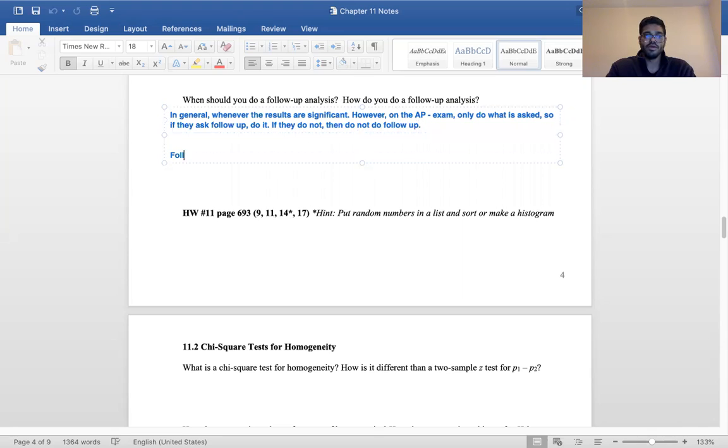Your follow-up will be to look at the components and direction of your chi-square values. If one specific cell has a large chunk of your total chi-square, that's part of your follow-up. You can also say whether there were more observed than expected, or vice versa.